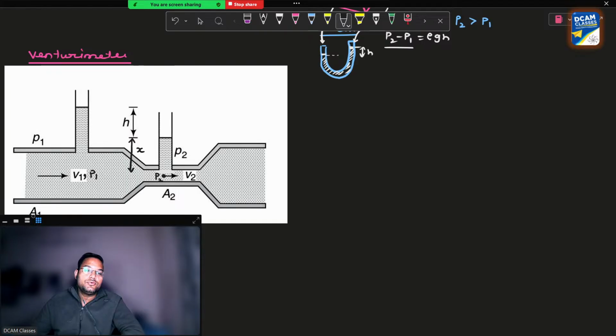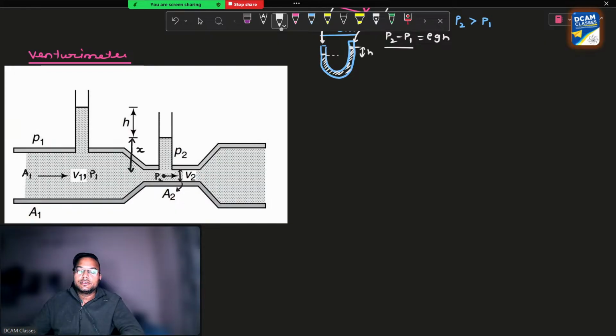Now, the area of this section is A1. The area of this smaller section is A2. Now, can you give me the equations, because you have learnt by now equation of continuity and Bernoulli's theorem. Can you give me the equation of continuity here? Haripriya, Diva, Kanishka, anyone?